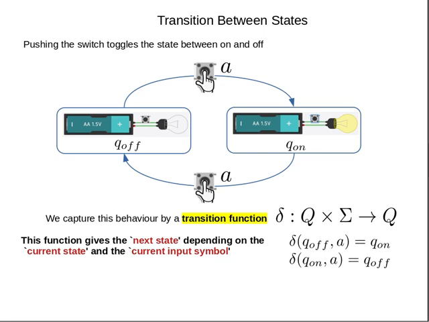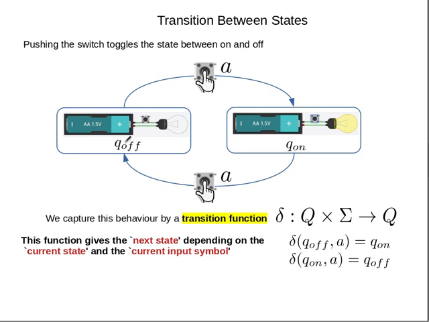Now, how does this machine react to the input, right? If it is in the off state and you press the button, so if you apply this action, it switches to the on state. Similarly, if it is in the on state and you apply this action, it jumps to the off state.